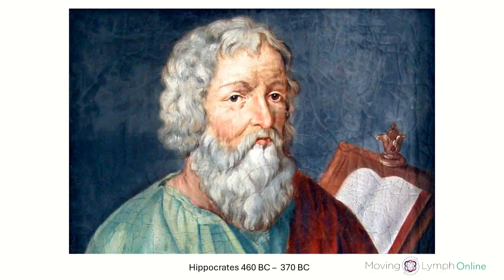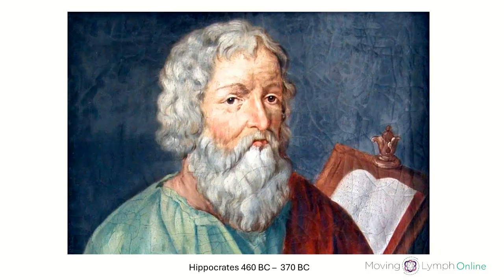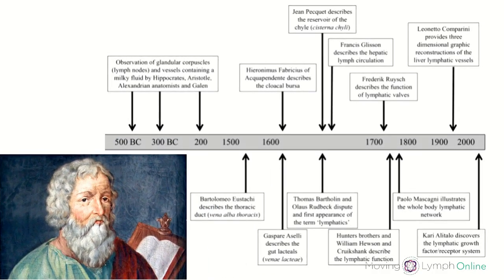Fast forward to the classical era, spanning the last centuries before and the first few centuries after Christ. We see Hippocrates, Aristotle and Galen all observing what they called glandular corpuscles and vessels carrying milky fluid, especially in the mesentery, that is the small intestine.